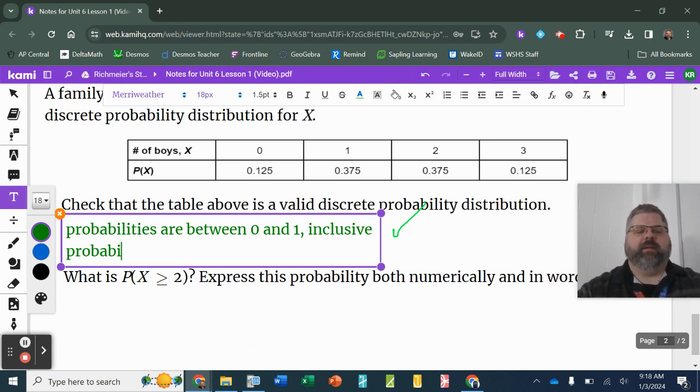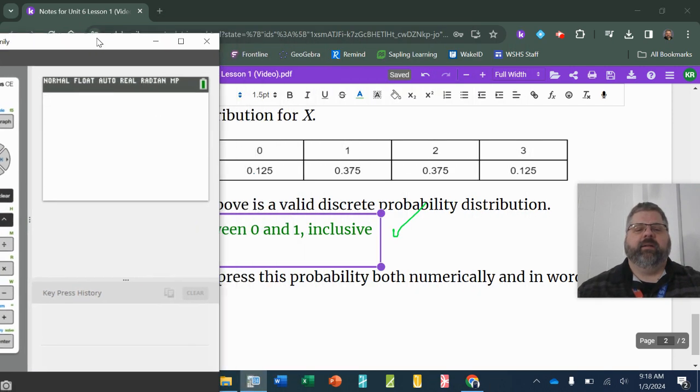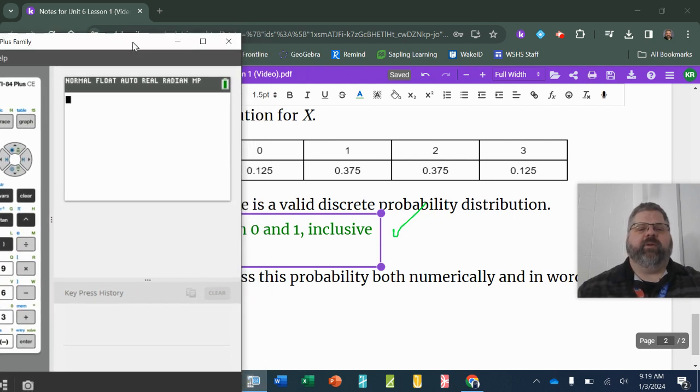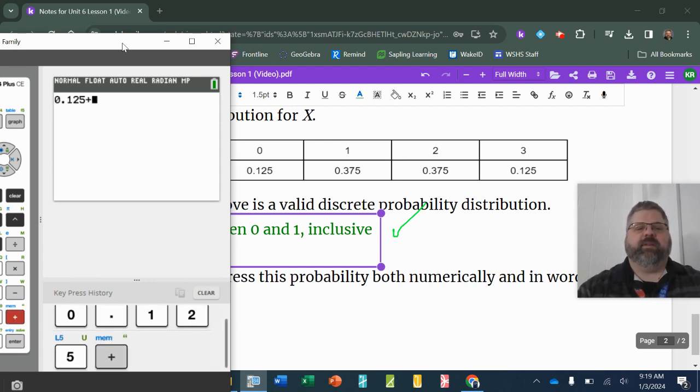So probabilities add to 1. And so what I would want to do here is take a calculator. So for instance, I'm going to grab my calculator here, pull it off to the side. And I'm going to say, let's see, the probability that they have no boys is 0.125 plus the probability that they have exactly 1 boy in their 3 children is 0.375.